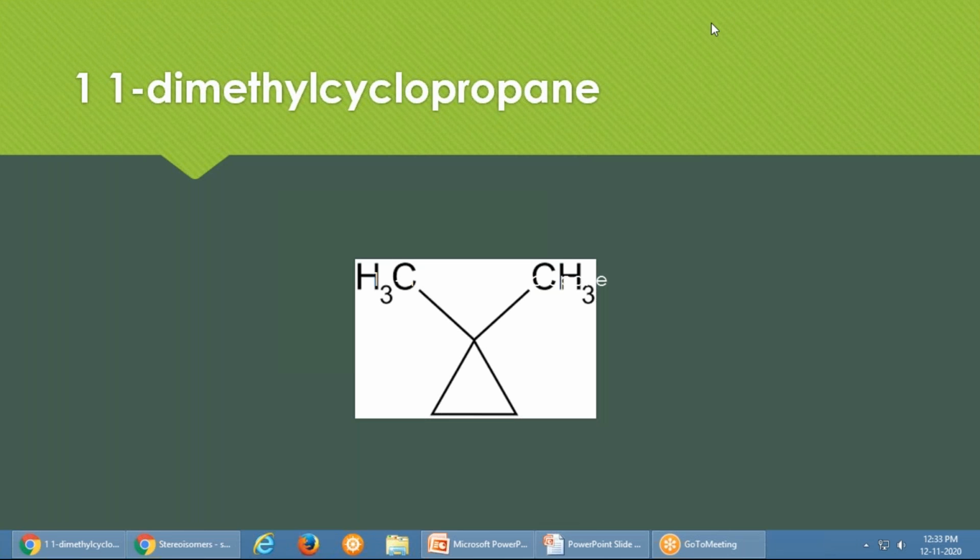So will this compound have a geometrical isomer? No, ma'am, because the CH3 groups are present on the same ring carbon atom. If they were present on different carbon atoms, there would be a geometrical isomer. Since the methyl groups are on the same carbon atom, 1,1-dimethylcyclopropane will not have any geometrical isomer.